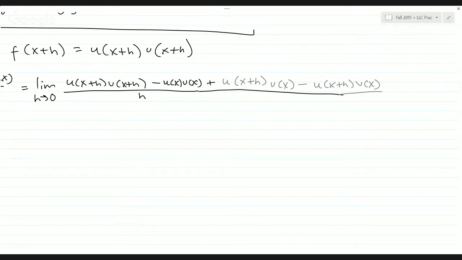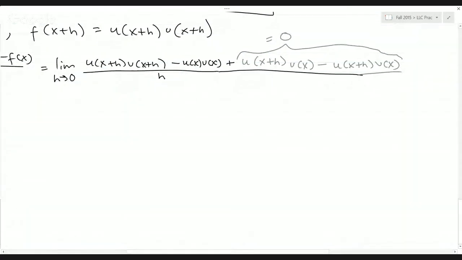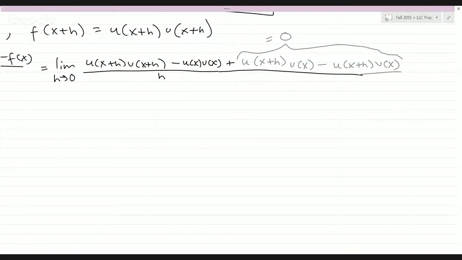I would never have known to do that. So this is the actual proof that they show in your notes. The reason we can do that is because we're adding and subtracting the same thing, so it equals out to 0. So we didn't change the original expression.